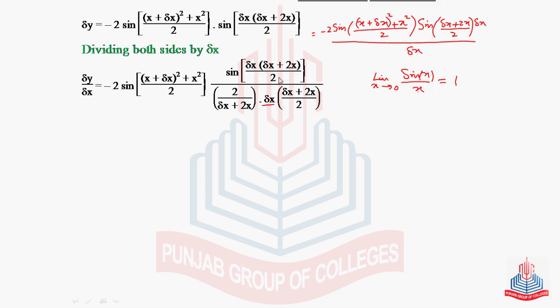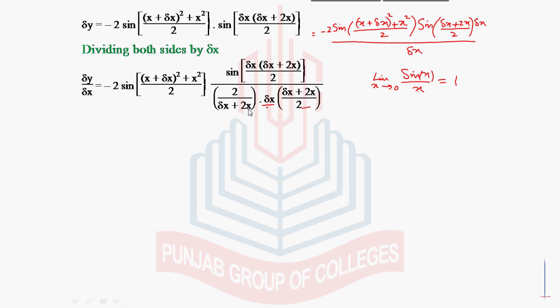To complete this formula, we have to multiply by delta x plus 2x divided by 2. So this is an extra thing to complete this result. But when we apply this here, we must also divide by this thing. So this one is actually the reciprocal of this one, 2 over delta x plus 2x.